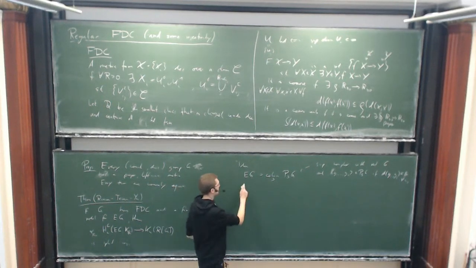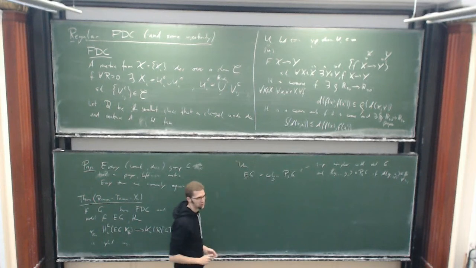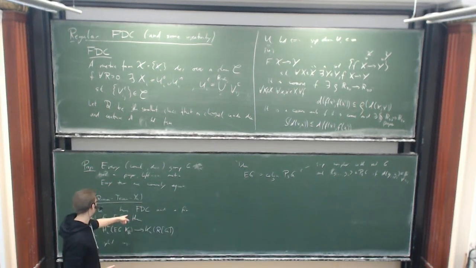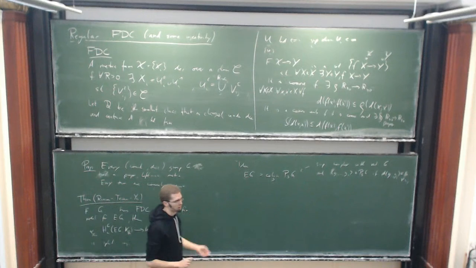And here, if you would have arbitrary groups, then this here would be e.g. underbar, but if it has a finite model, then it's torsion free.